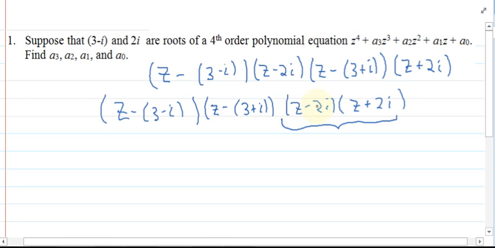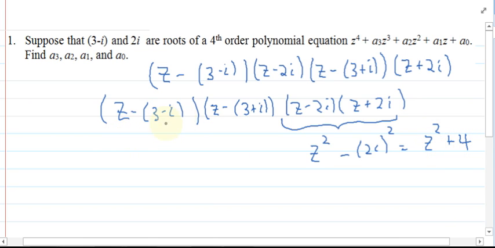It's of the form a minus b times a plus b, and the result of such a form is always a squared minus b squared, so it's going to be z squared minus 2i squared. But 2i squared is negative 4, so that's equal to z squared plus 4.